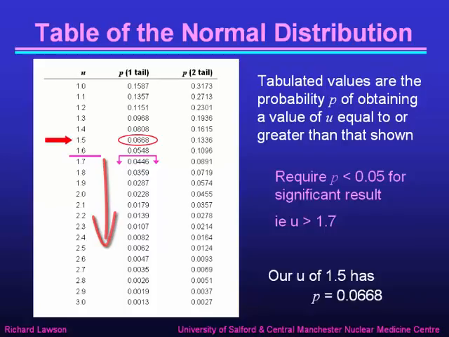Our u was only 1.5, so it has a probability of 0.06, which hasn't fallen below 0.05. In other words, our u value of 1.5 hasn't exceeded the critical value of 1.7.